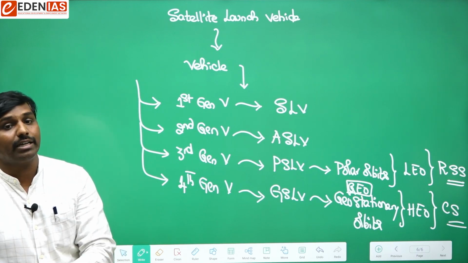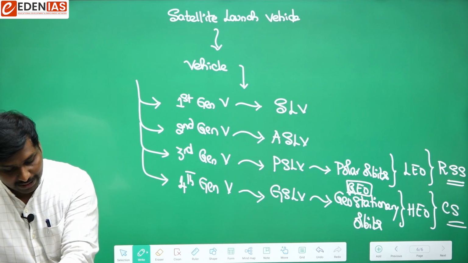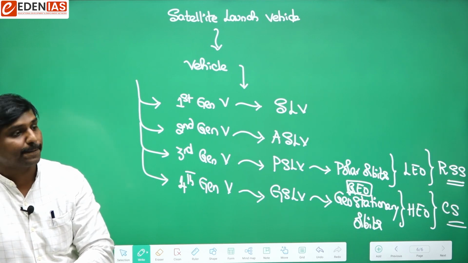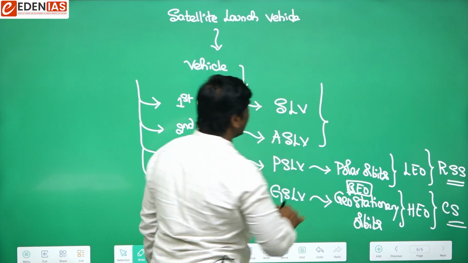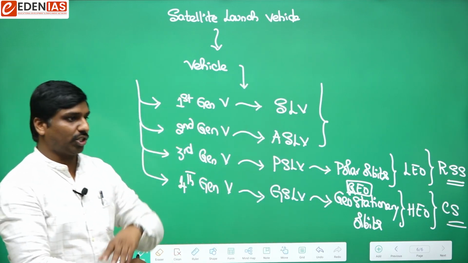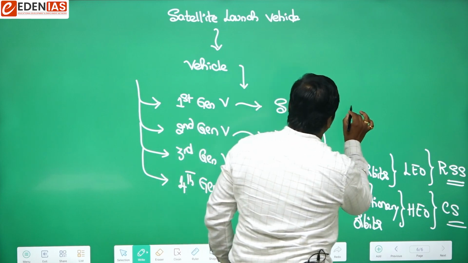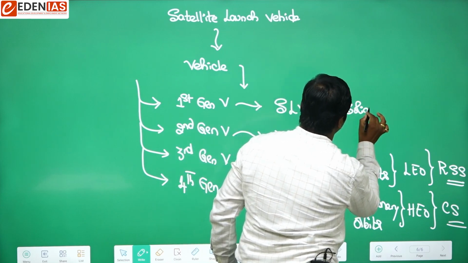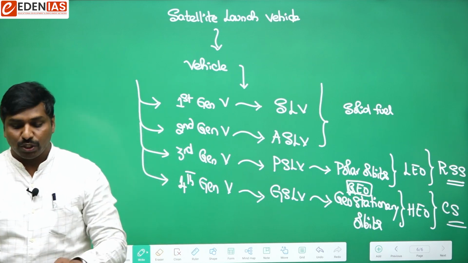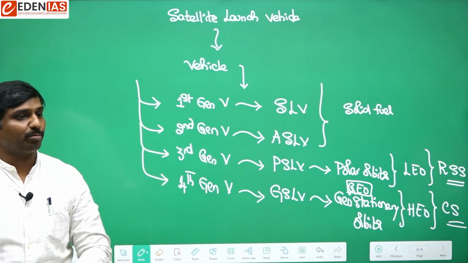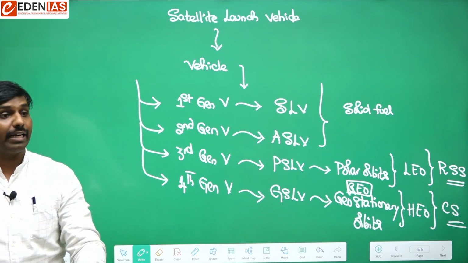Now let's try to understand the differences between ASLV, PSLV and the others. If you look at these two, they are the older versions where we relied on solid fuel.